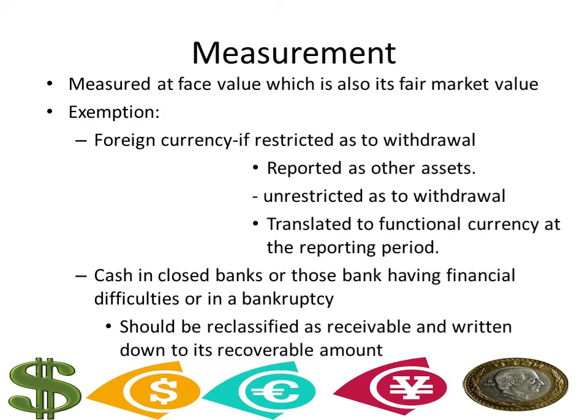For those instances, we cannot report it as readily available because there is a certain law ruling that has first to verify all the depositors. So you cannot use the money outright. Hence, this should now be classified as receivable, written down to its recoverable amount. Take note, if you deposited 1 million, the recoverable amount is only 500,000 under our PDIC.